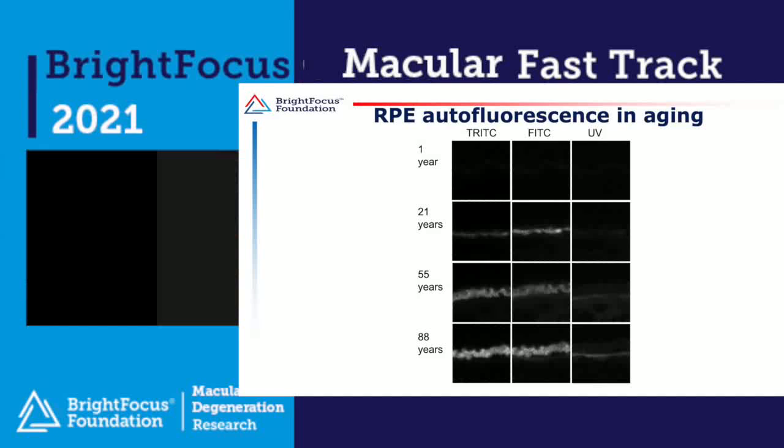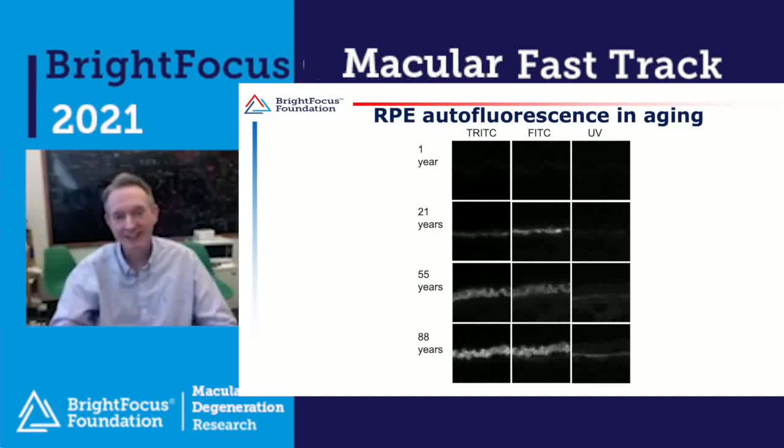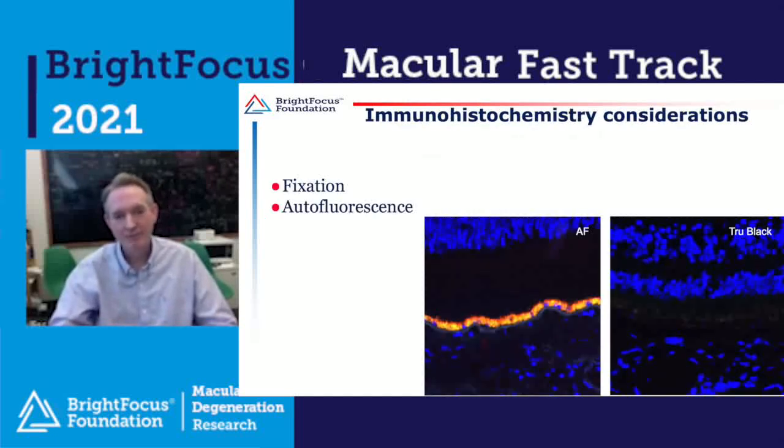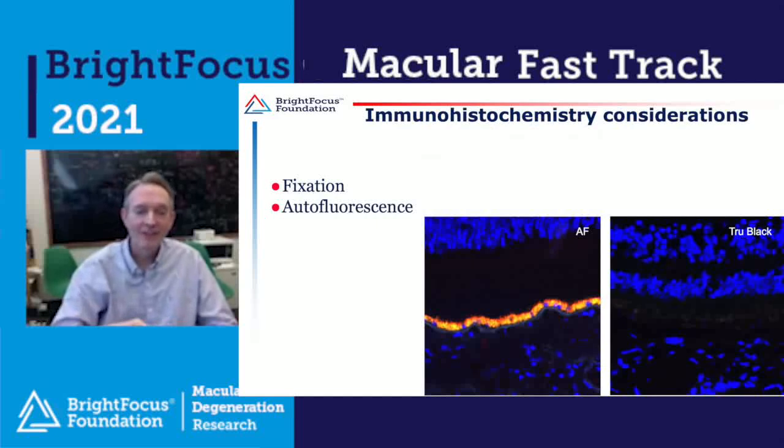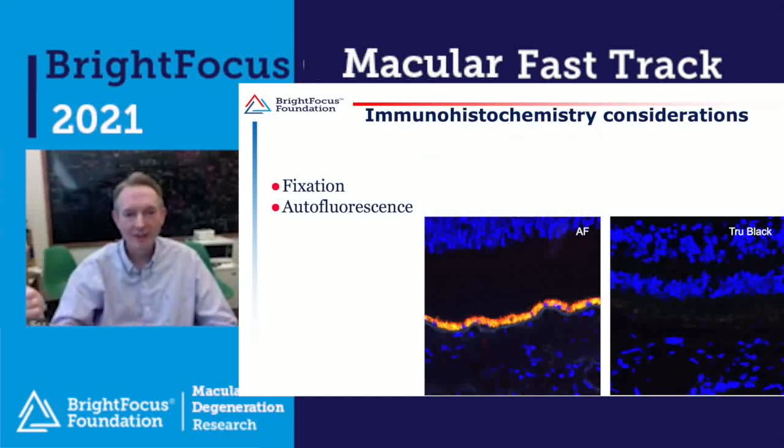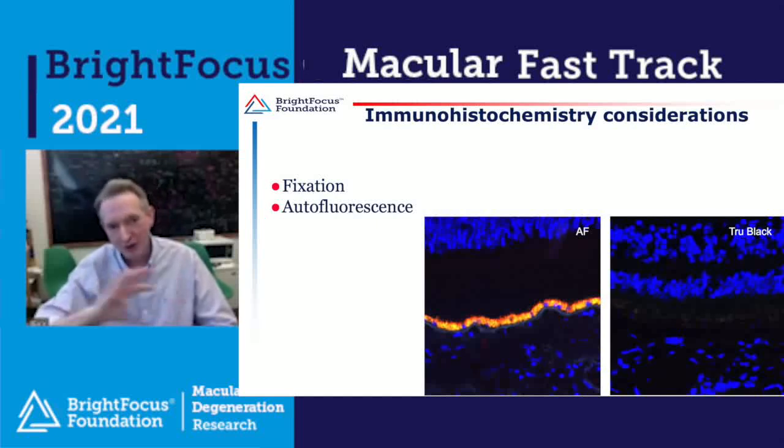So when you're doing fluorescent studies on RPE, this is always going to be a challenge. There are a few ways around this. You can use a long wavelength fluorophore that's not excited in the same wavelengths as RPE lipofuscin. You can also quench with a compound like Sudan Black B or True Black that just removes that autofluorescent signal. Anyway, these are some things to be aware of.